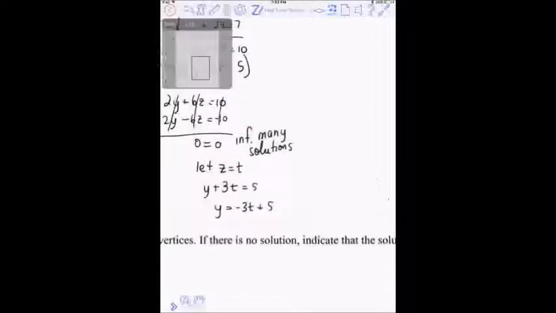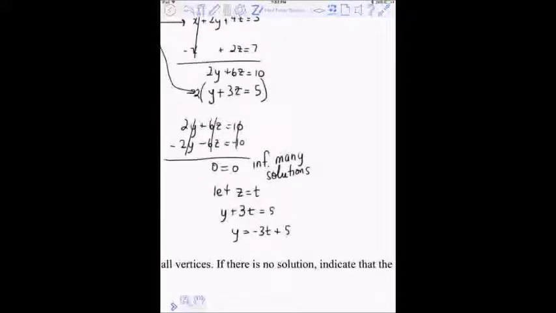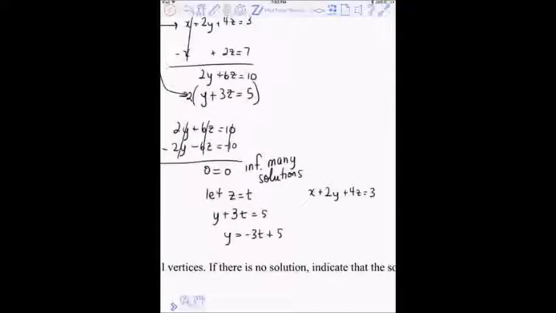And then one of the original equations was x plus 2y plus 4z equals 3. That was one of the original equations. So I can replace y with a negative 3t plus 5, and I can replace the z with a t, and then combine like terms and solve for x.